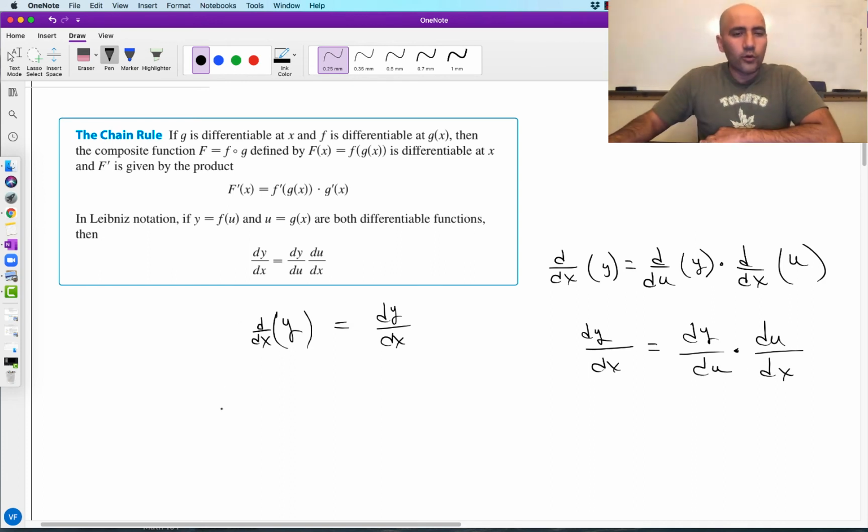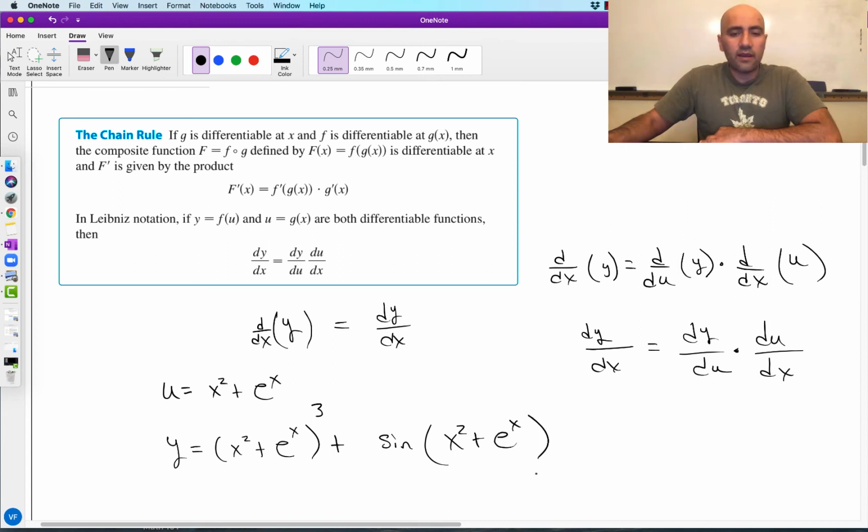So if we think of a quick little example, let's say u is equal to x squared plus e to the x power. Then we could write y is equal to x squared plus e to the x power, to the third power, plus sine of x squared plus e to the x power.